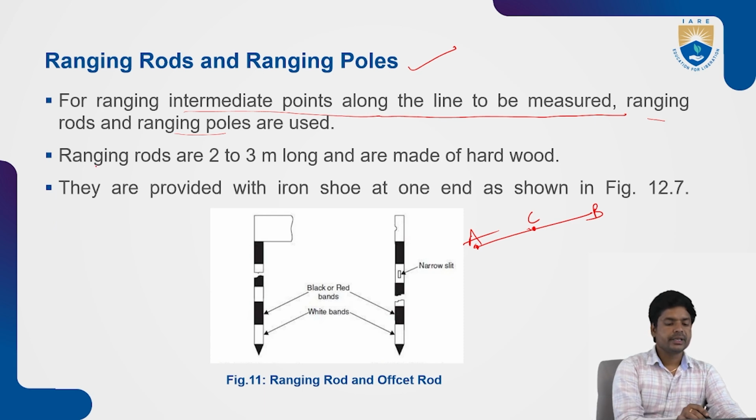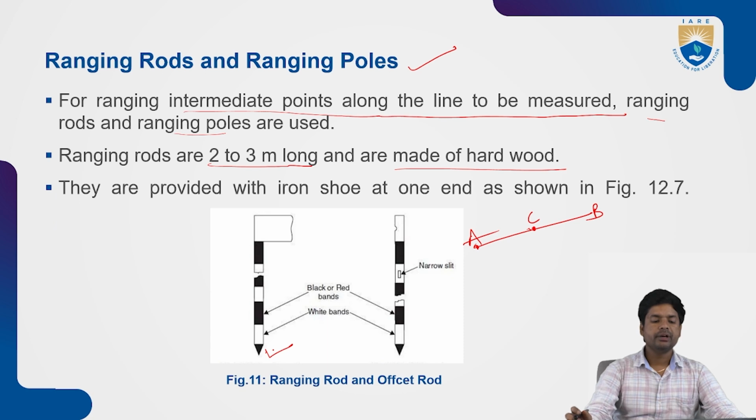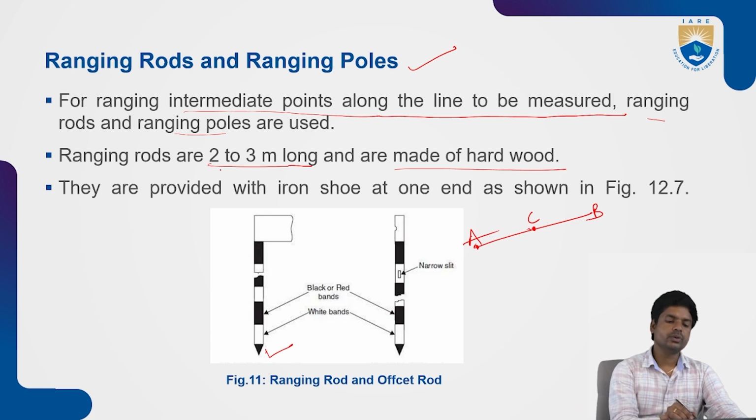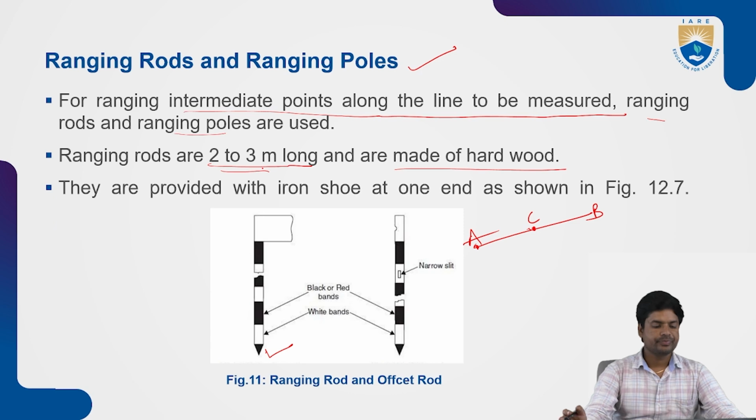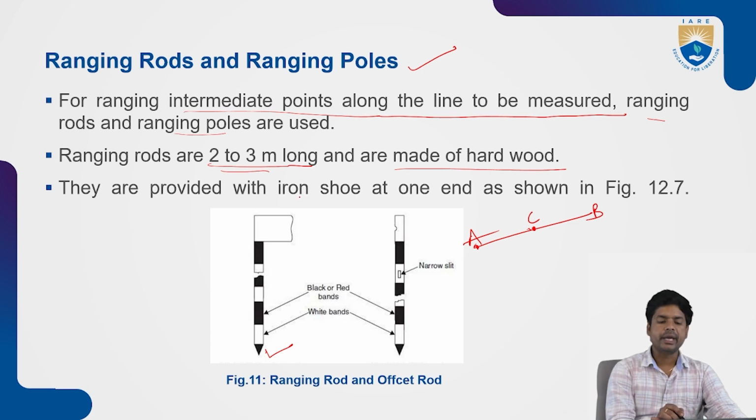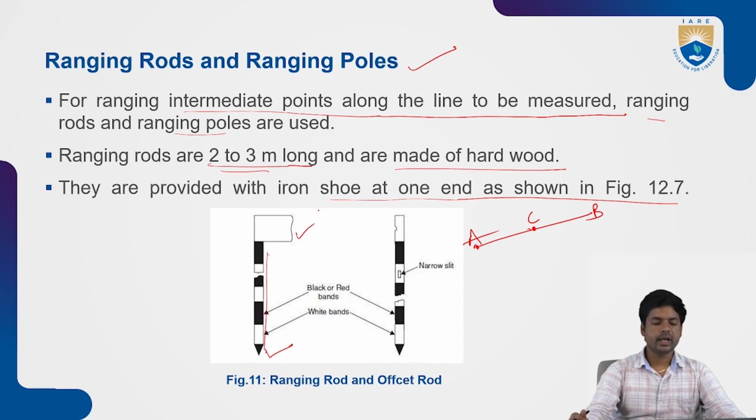Ranging rods are 2 to 3 meters long and are made of hardwood or steel. They are provided with one iron shoe at one end as shown in the figure. Here you can see the iron shoe provided at the bottom.